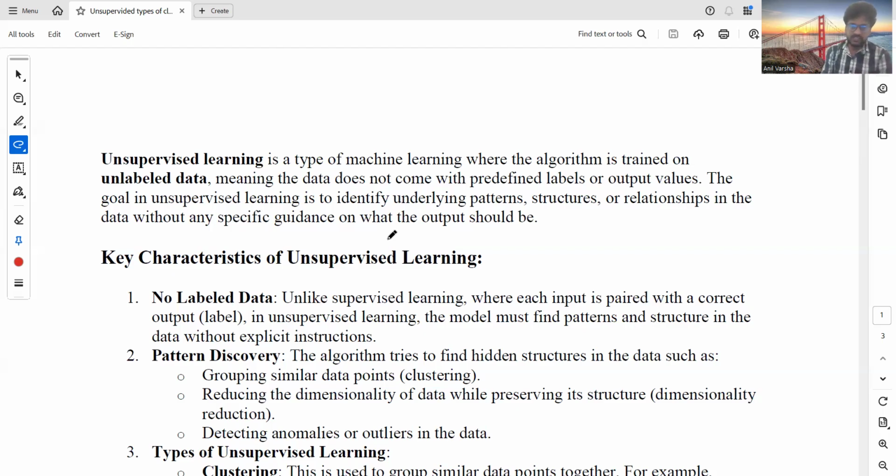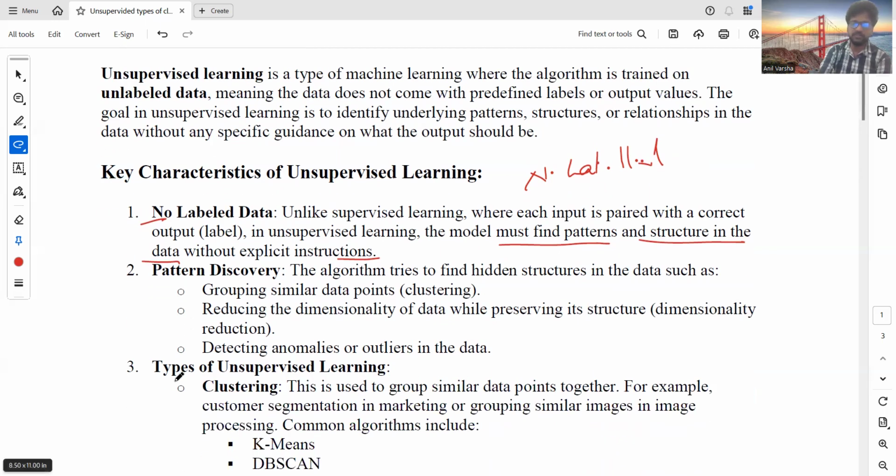Now, the key characteristics of unsupervised learning. As we discussed, there is no labeled data. The model must find the patterns and the structure in the data without explicit instructions. Next is pattern discovery.